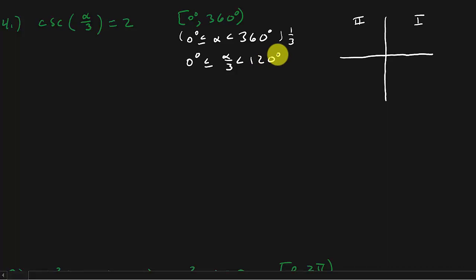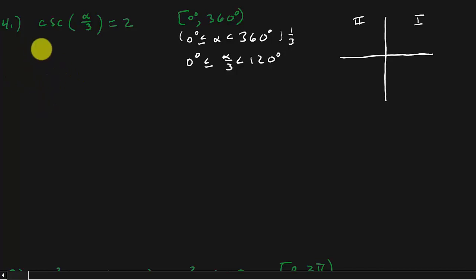All right, so let's find our reference angle. Is our reference angle going to be a solution? Yes, our reference angle will be a solution. It's in the first quadrant. You see that? One of our solutions is in the first quadrant.